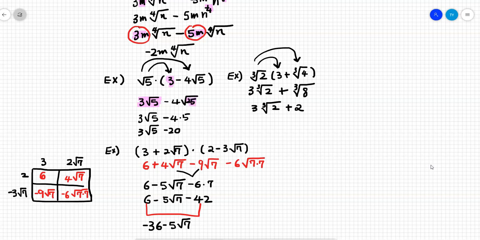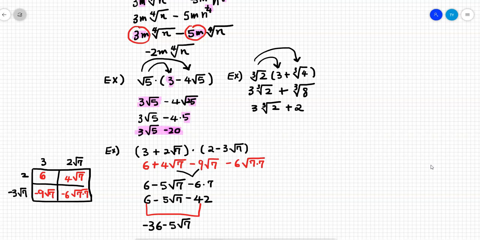Every time you multiply, you always want to make the radicals as small as possible. So the square root of 25 is 5. So 5 times 4 gives you 20, minus 20. And that's going to be the simplest form that you can have.